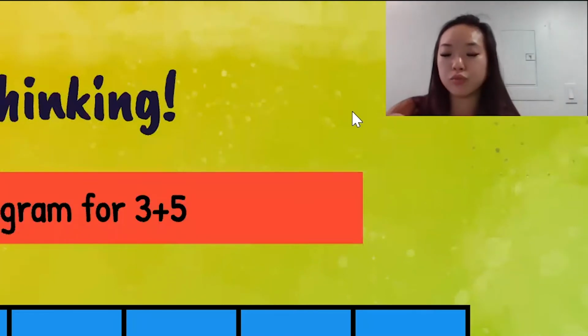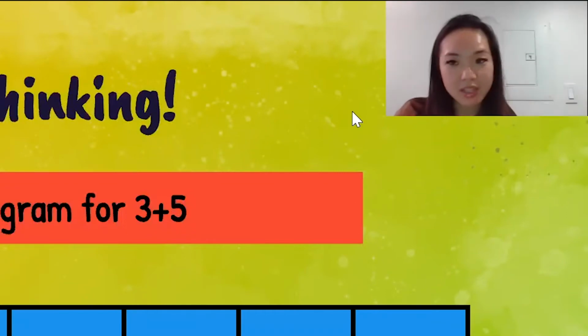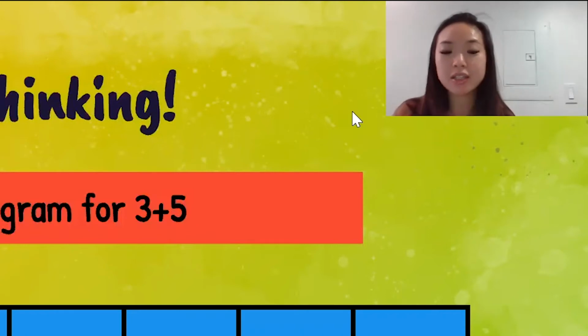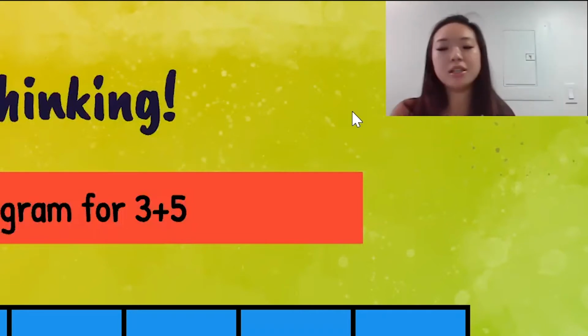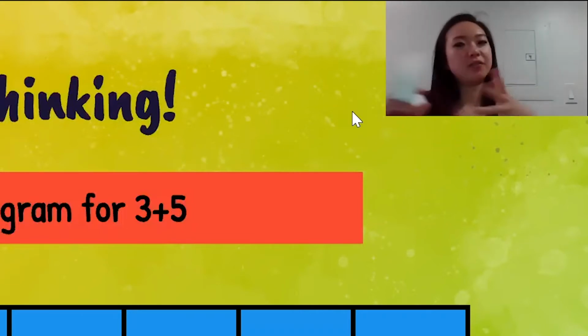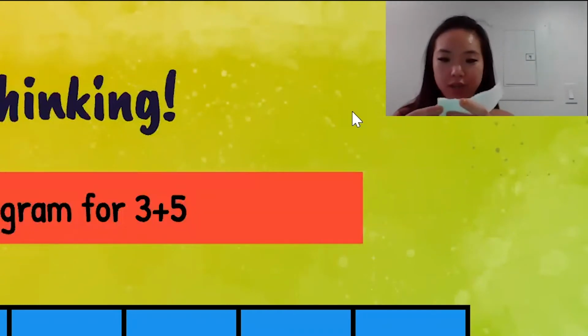This helps a lot as an at-home manipulative. I know in the classroom the teacher provides really fancy ones, but if you wanted some extra support at home and didn't have those, mine doesn't look that great, but it's fine. We have 3, so I could fold it into 3s just like this.